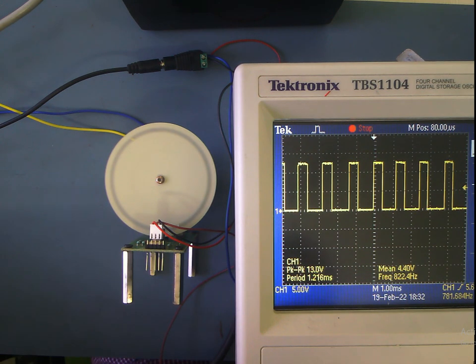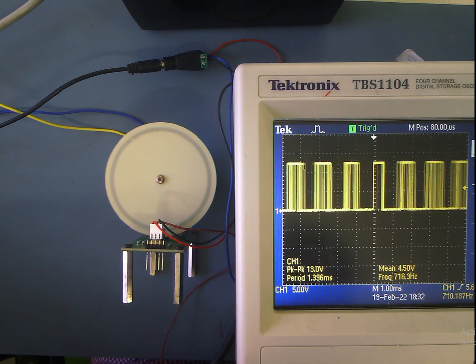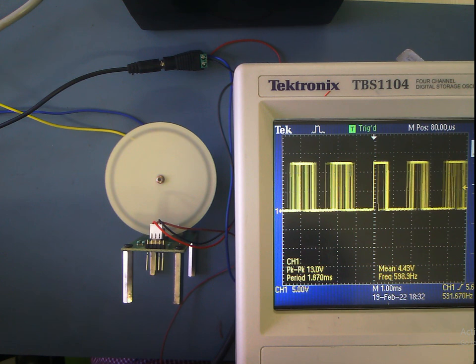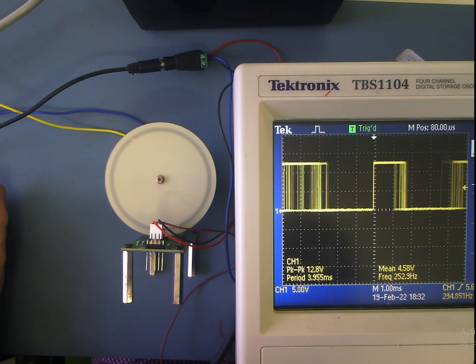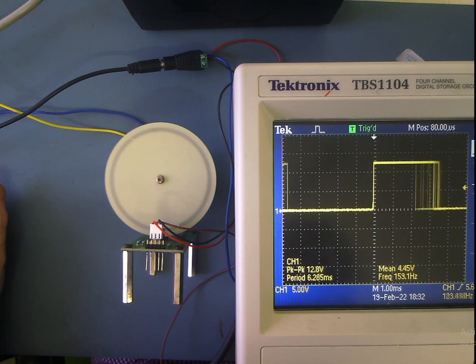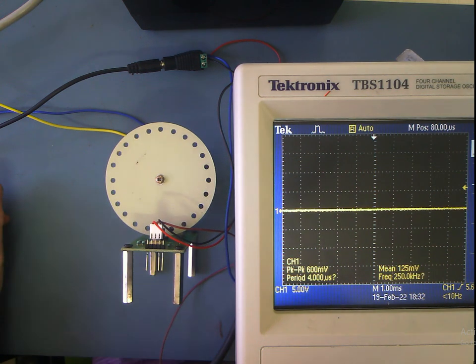Now that's the saturation for the speed of the motor. So now I will again lower the speed. You can find the frequency is also coming down. The motor will stop like this. So you can see that the frequency is directly proportional to the RPM.